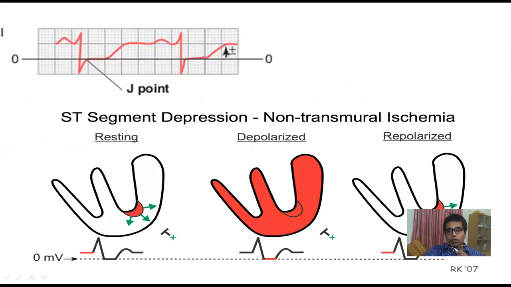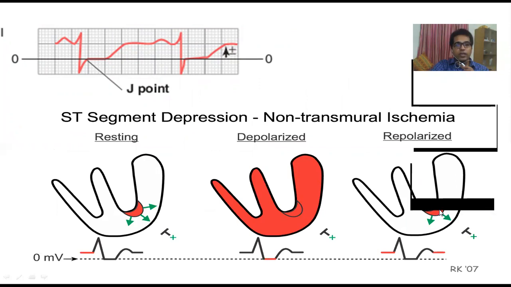Now, for better understanding, you can see here, say this is a subendocardial infarction. So what will happen? I have already told you, even when the heart is at diastole, the infarcted tissue remains partially depolarized in comparison to the surrounding tissue.